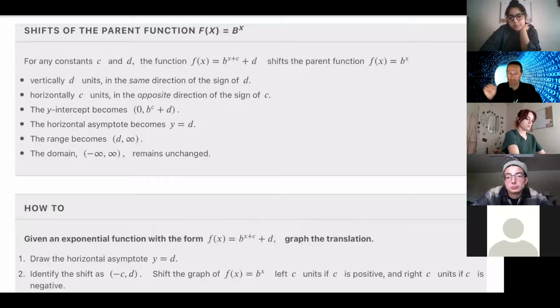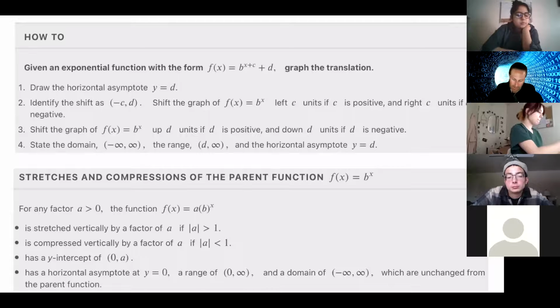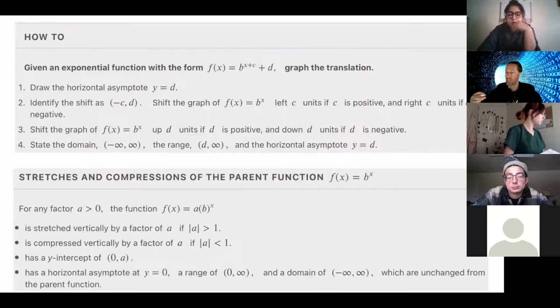Okay, a lot of you guys saw it right away. You didn't even have to show me any work. Okay, because you knew that. All right, so again, depending on the base is going to be whether it's increasing or decreasing, but all of this stuff will just change based off of that h and k.